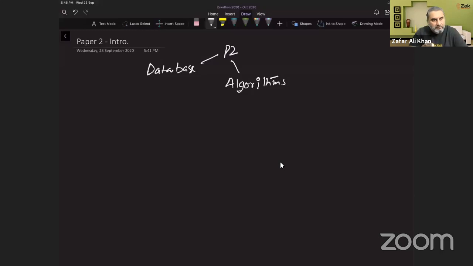Algorithms is anything which is structured step by step, and when it is followed by us humans or a machine like a computer, something is done. So in order to complete any work, we try to put it in steps. Do this, then do this, then do this, then do this. That structured form, when it is followed, something is done, is called an algorithm.